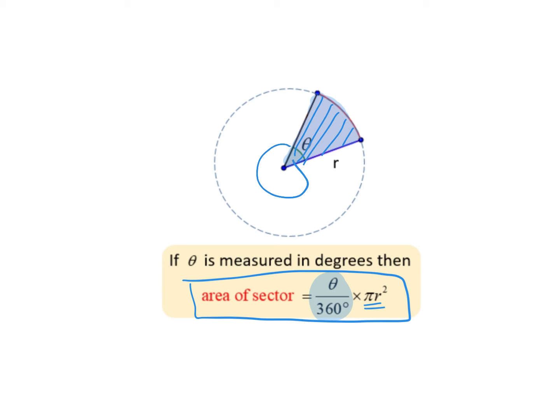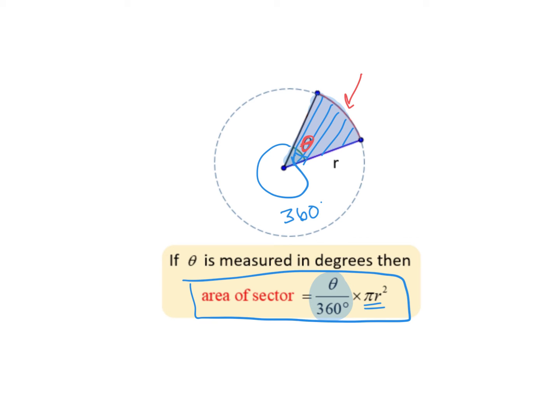So knowing that all the way around a circle is 360 degrees, and knowing that we have an angle in here, theta, I can create a fraction or a ratio comparing those two, multiply it times the full area of the circle to find out what just this small portion of the circle has as a value.